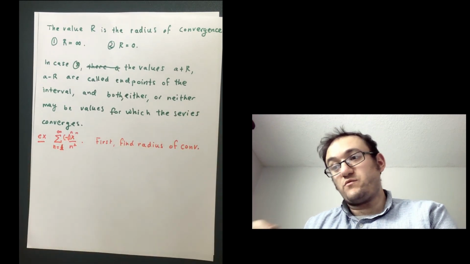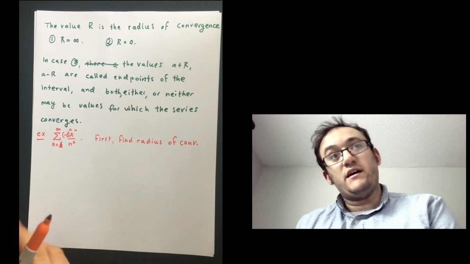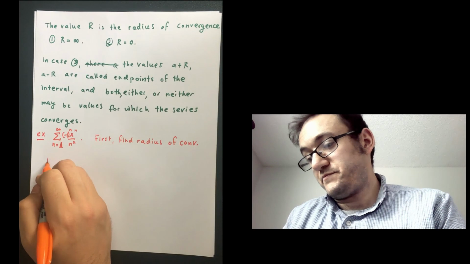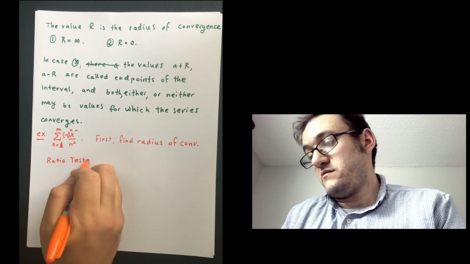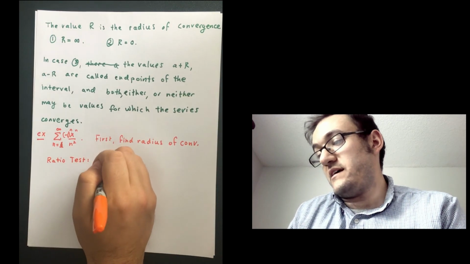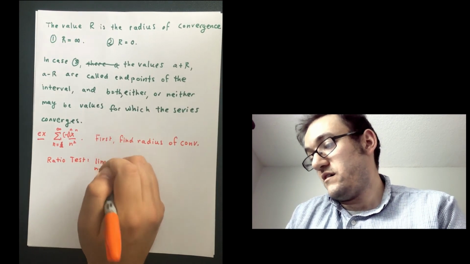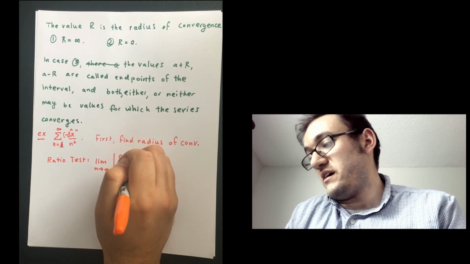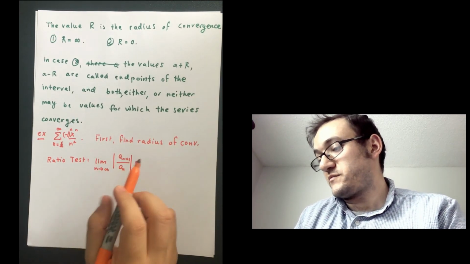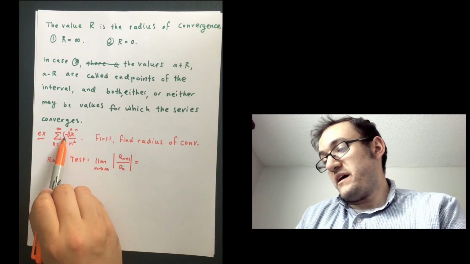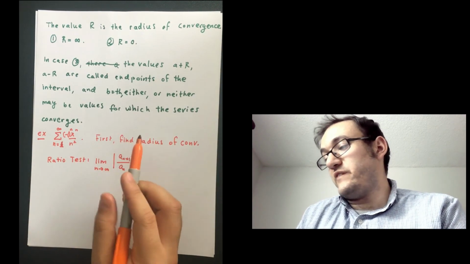In general, the best way to find the radius of convergence is using the ratio test. So you compute the limit as n goes to infinity of the absolute value of a sub n plus 1 divided by a sub n. Here the minus 1 to the n is going to get dropped by the absolute value.